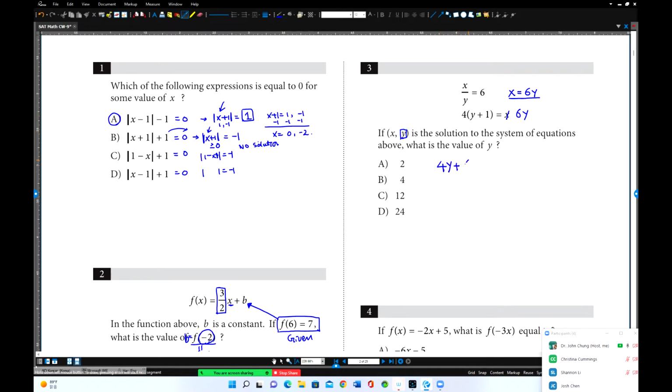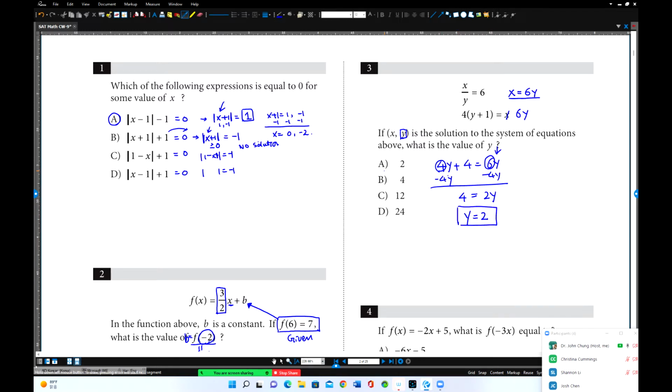4y plus 4 equals, right-hand side, 6y. Minus 4y, I'm going to keep the y where the number is greater than 4. Keep the variable on your right side, that is always better. So negative 4y, that is 2y equals 4. And you divide by 2, y equals how much? 2, right?